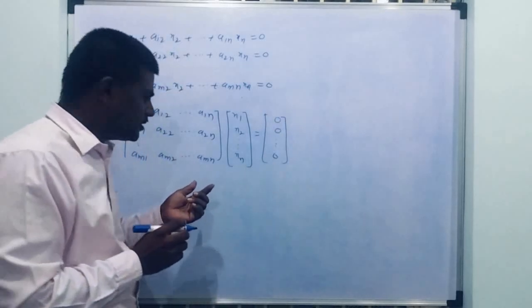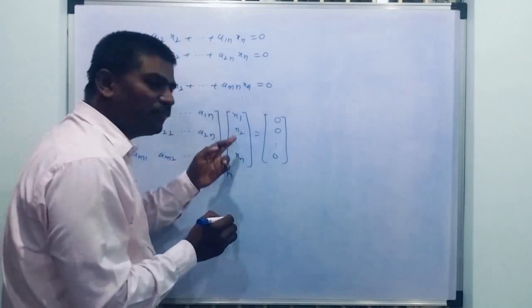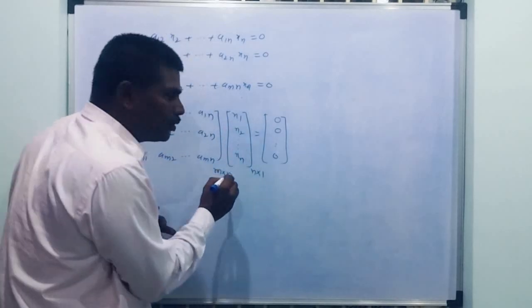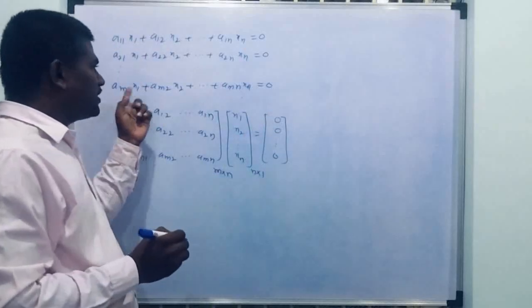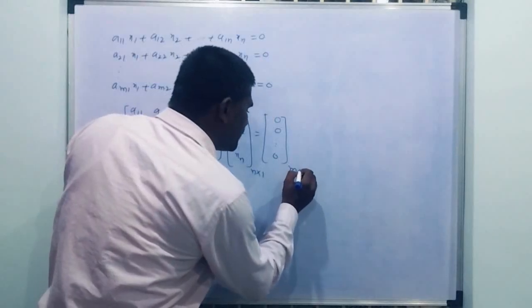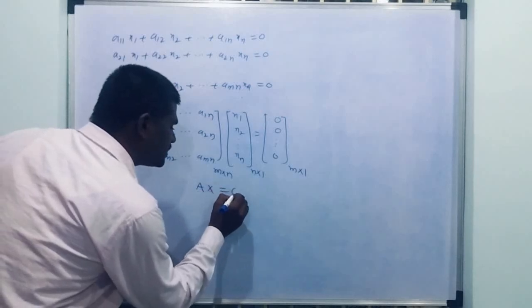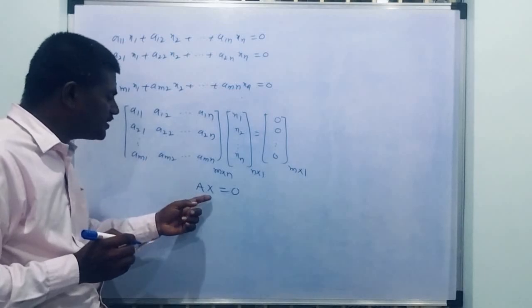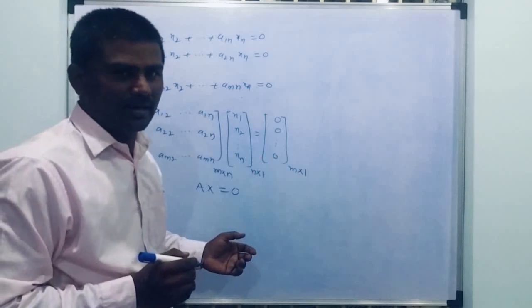You can observe that the order of the first matrix is m by n and the order of the second matrix is n by 1, because you have n rows and 1 column, and this will have m equations and only 1 column, so the order of the result is m by 1. This can be written as Ax is equal to 0. Here A is called the coefficient matrix, X is called the matrix of unknowns, and 0 is your zero matrix.